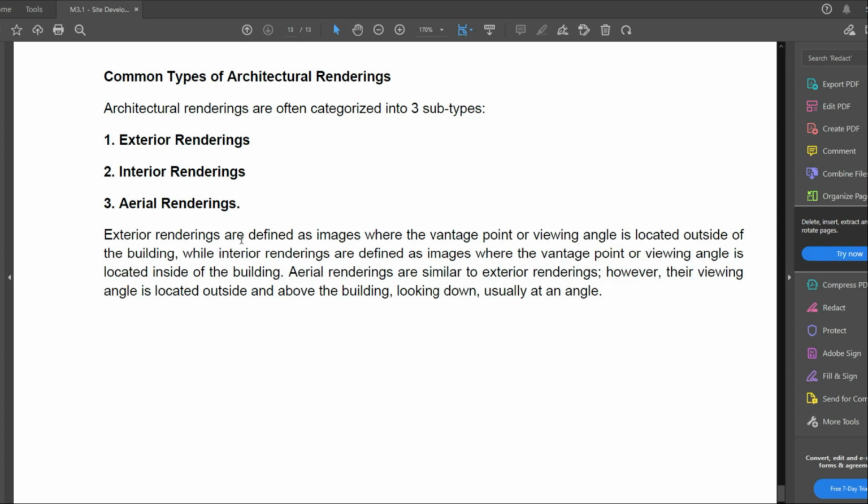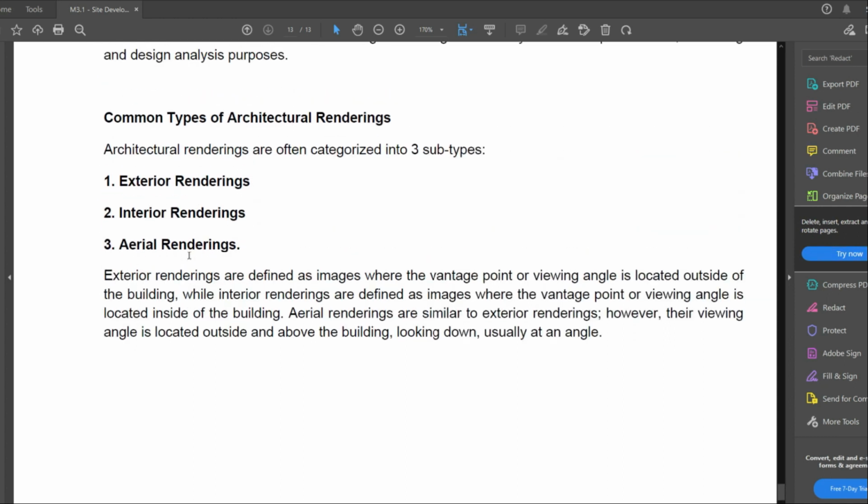So exterior renderings are defined as images where the vantage point or viewing angle is located outside of the building, while interior renderings are defined as images where the vantage point or viewing angle is located inside the building. Aerial renderings are similar to exterior renderings, however, their viewing angle is located outside and above the building, looking down usually at an angle. So that is all sa aton nga perspective.